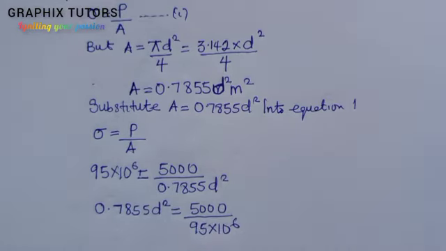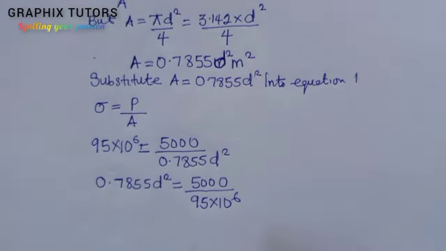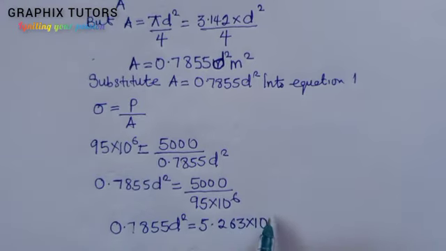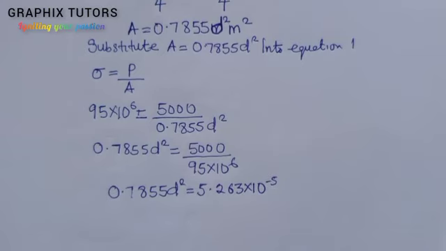So when I divide this, I'm going to be having 0.7855 D square is equal to 5,000 divided by 95 times 10 to the power 6, which gives 5.263 times 10 raised to the power of minus 5. Now I'm looking for the diameter D, so I'll make D the subject of the formula.